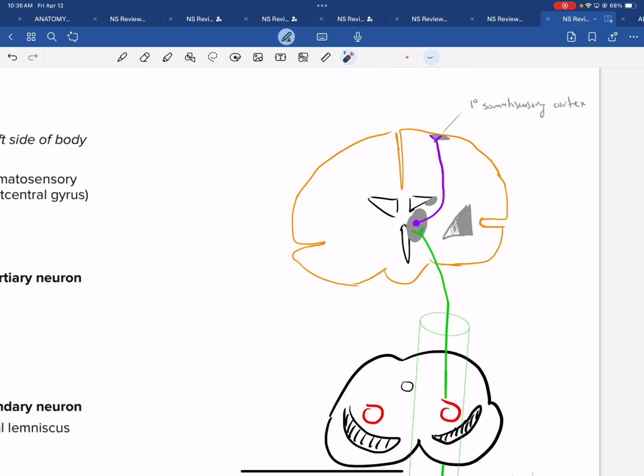Where in the cerebrum? The postcentral gyrus. But what's located within the postcentral gyrus? It's sensory. Right, the primary somatosensory cortex. Because what's the function of the primary somatosensory cortex?